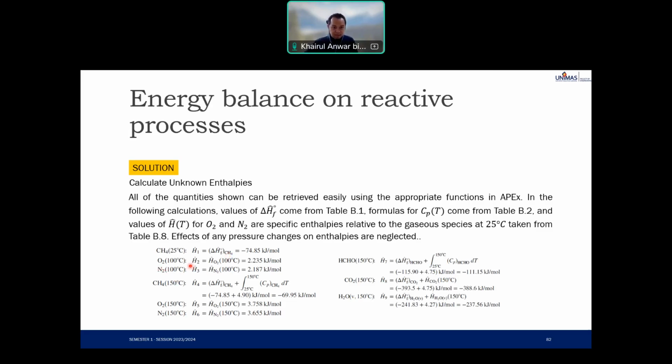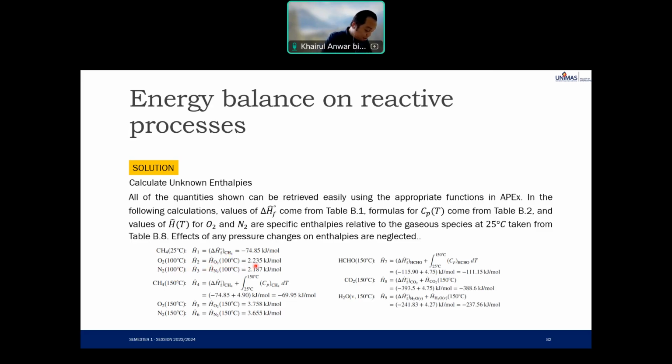For oxygen at 100 degrees C, you need to refer to table B8. Because oxygen is an elemental species, you don't need to find the delta HF.